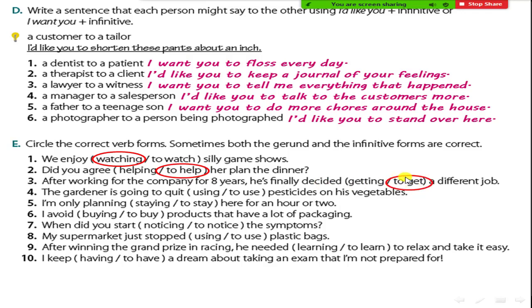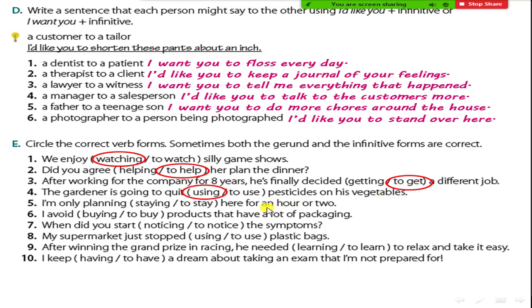To get, decided to. Number 4. Yes, Haytham. The gardener is going to quit using or to use pesticide on his vegetables. Using. Yes, quit using.